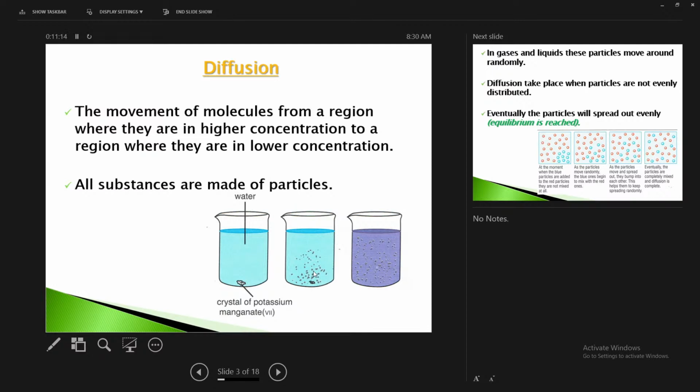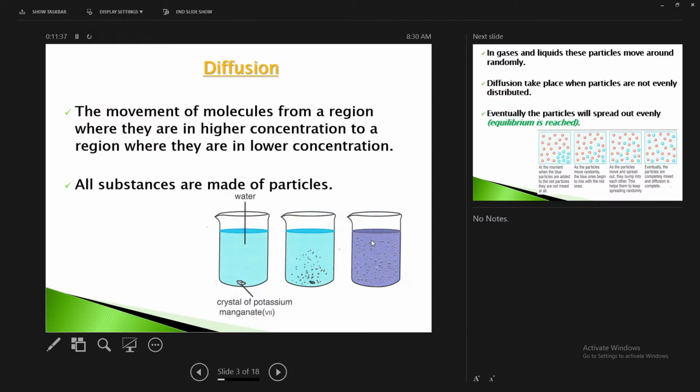This will take place until what is known as equilibrium is reached. What do we mean by equilibrium in terms of diffusion? We basically mean that the substance that is being diffused will now be equally distributed within that particular container. The image to the extreme right, as you can see, is now well uniform.